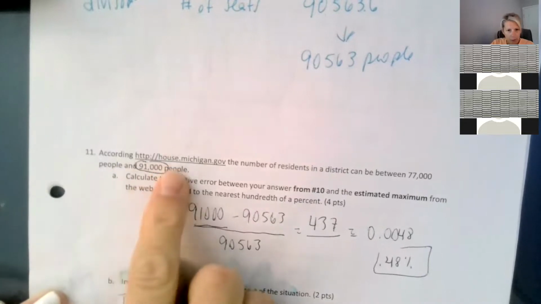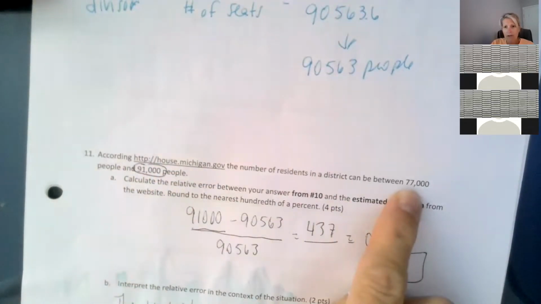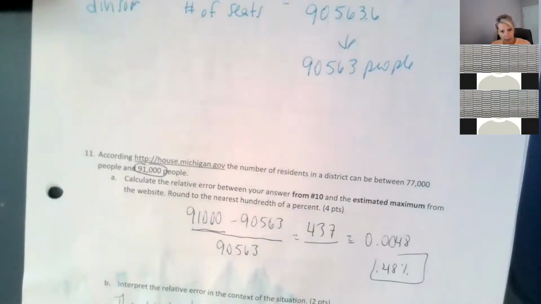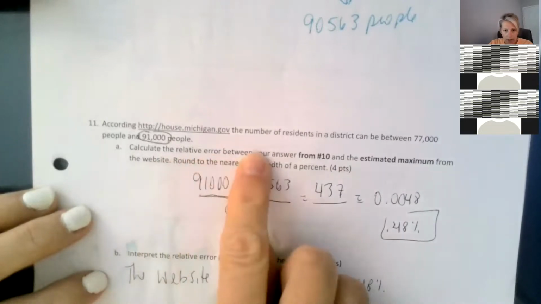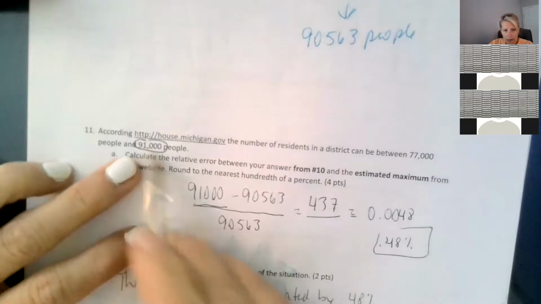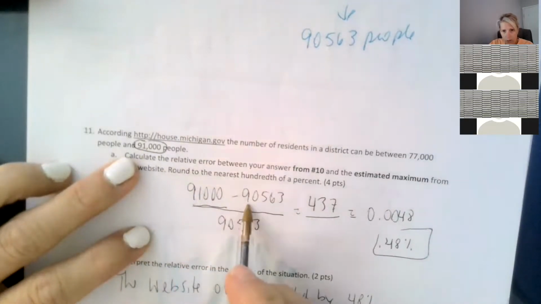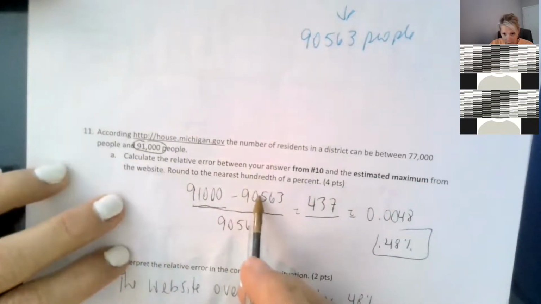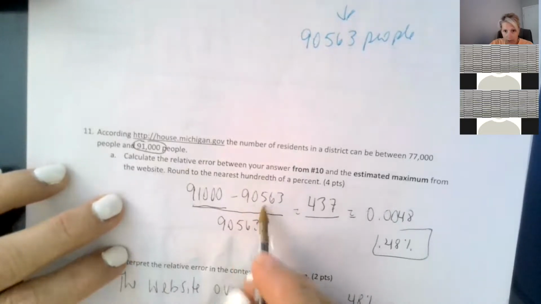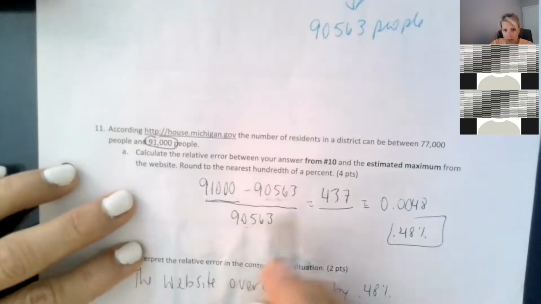If you go to this website here, it says some districts have as low as 77,000 people per representative, and some have as high as 91,000 people per district. They said calculate the relative error using the estimated maximum. So my error is 91,000, and I'm subtracting what it should be perfectly, divided by what it should be perfectly.